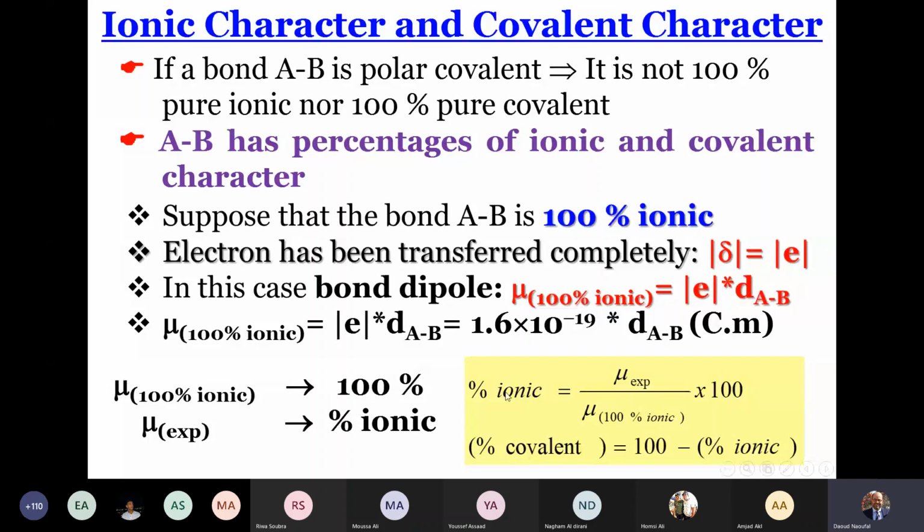So the percent ionic is equal to mu experimental divided by mu 100% theoretical ionic times 100. And the percent covalent is 100 minus the percent ionic.